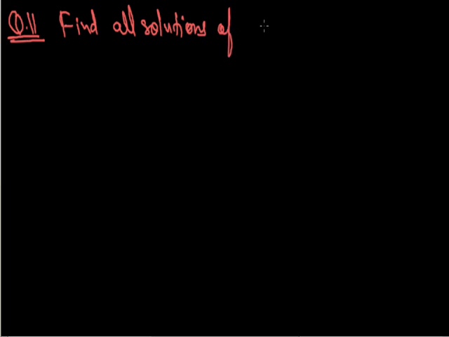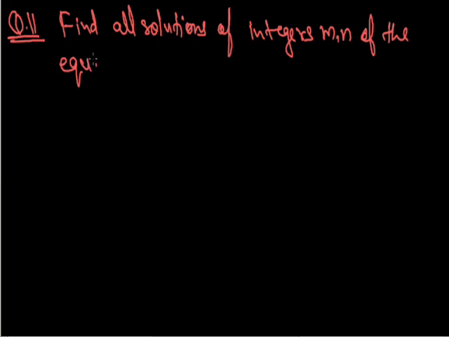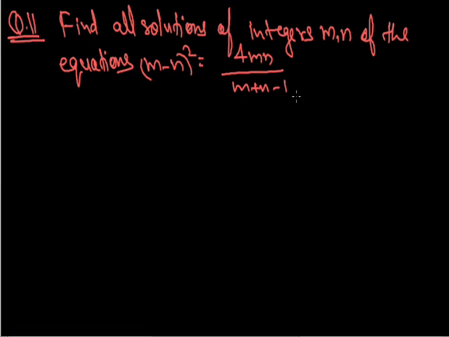Let us move to the next question. Question number 11. Find all solutions in integers m, n of the equation (m minus n) whole square is equal to 4mn upon (m plus n minus 1).